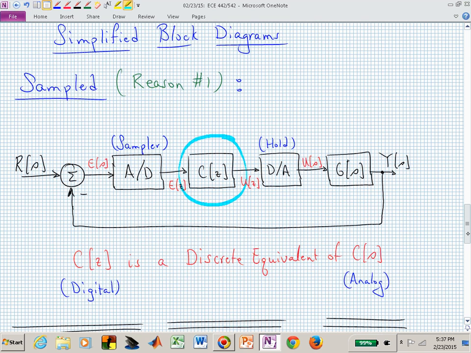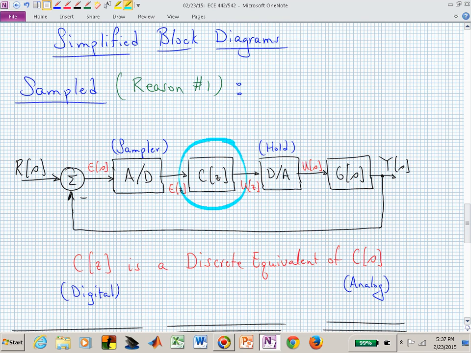Here is our reason number one, as we illustrated last time with this block diagram. We want to create a digital controller from an analog controller, and that might then be put into potentially an analog system. So we need to sample the error signal.